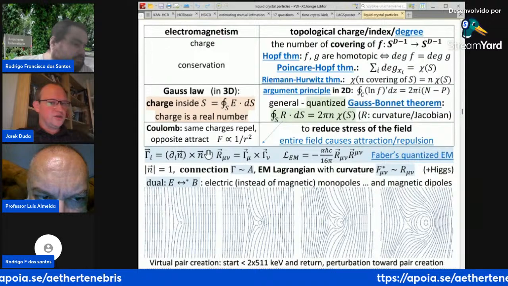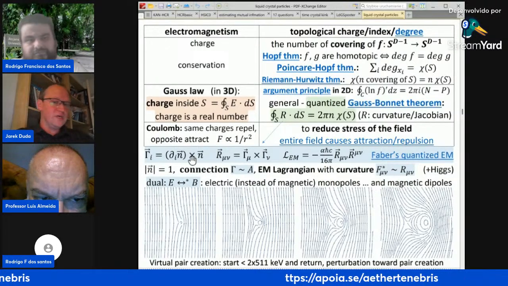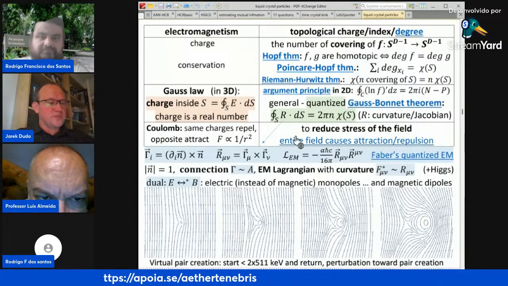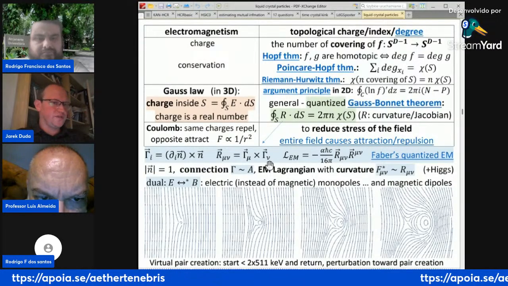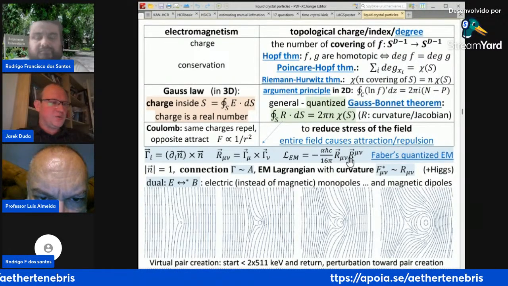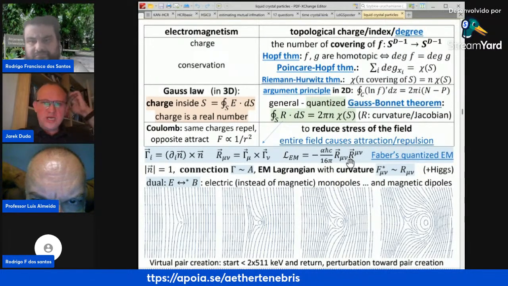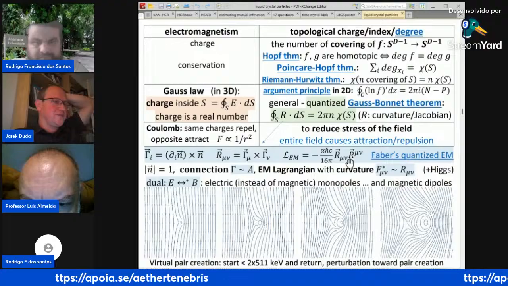We define its connection as the A field, its curvature as the F tensor, and use the standard electromagnetic Lagrangian for this F tensor. This way, as I'm showing in a moment, we get a Gauss law. We get the Coulomb interaction, and it is Lorentz invariant, so we get entire electromagnetism.